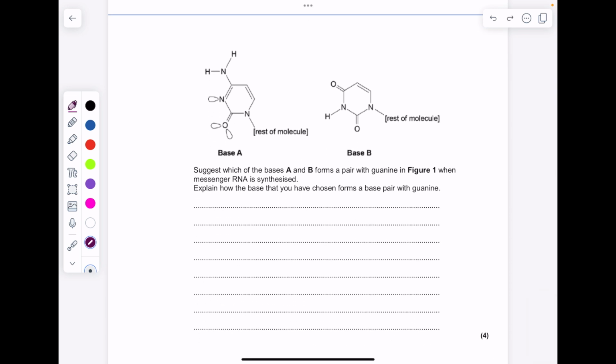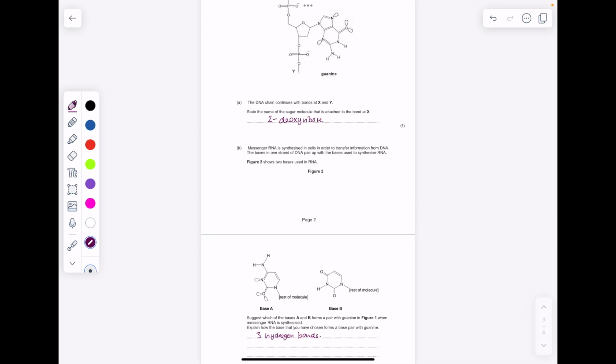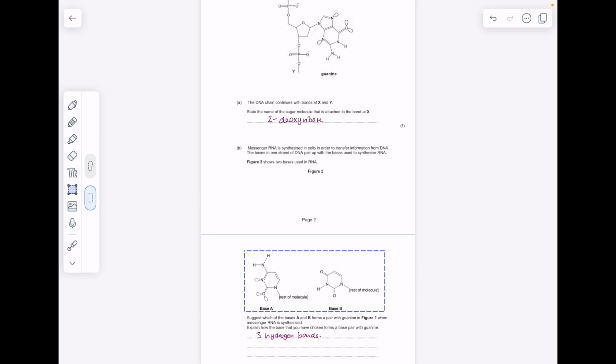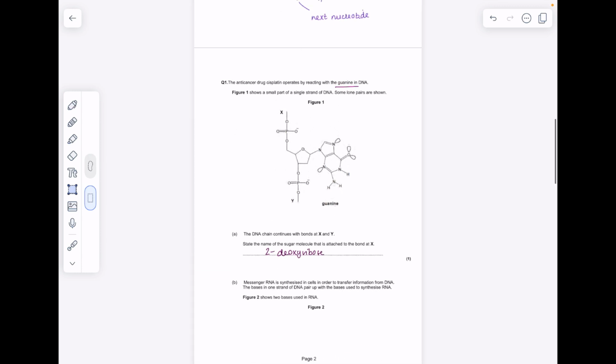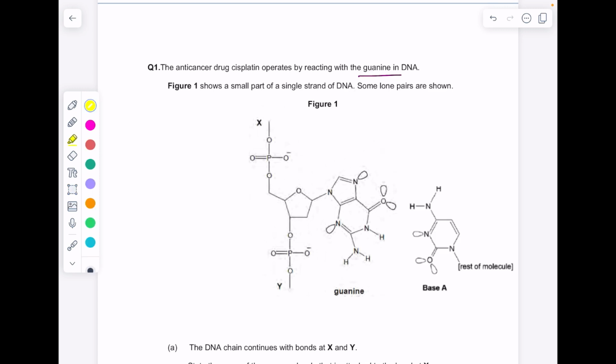I'm just going to start by writing that it's going to be 3 hydrogen bonds. Let's identify where that will be, and therefore whether it's base A or base B. I'm just going to bring them up so you can see them more clearly. We need to work out where our hydrogen bonds will form. I've moved up base A here to show you nice and clearly, and obviously this represents the lone pair of electrons.